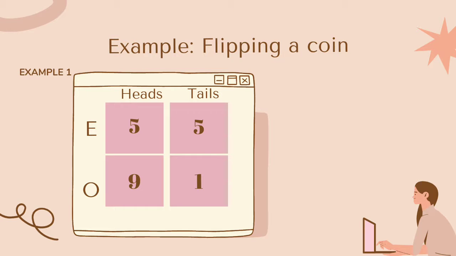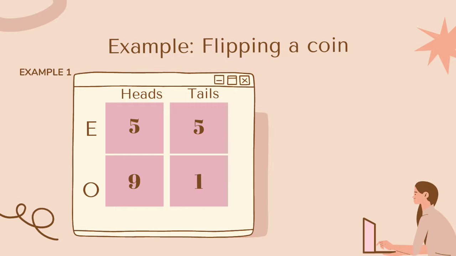So the first example is flipping a coin. Our null hypothesis here is that the coin is fair, while the alternative hypothesis is that the coin is biased in favor of heads. So the sample size in this example is 10.